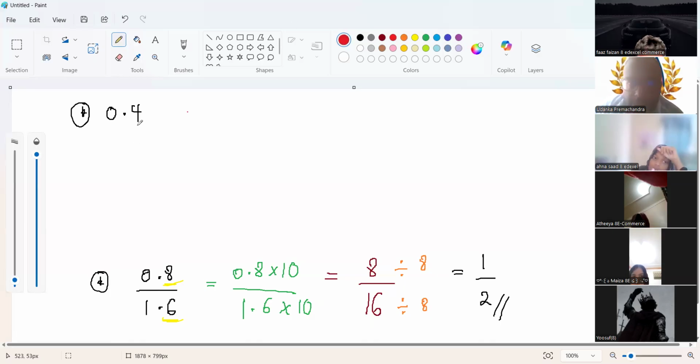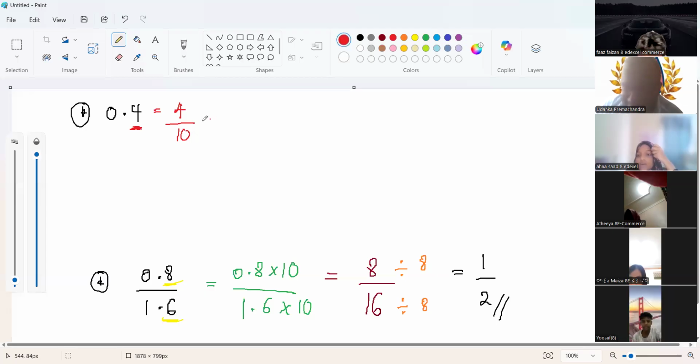If I write it in fractional form, how to write? 0.4 has only one decimal place, so you can write it as 4 over 10. Why am I writing over 10? Because there is one decimal place, and the zero represents that. If there is only one decimal place, it should be divided by 10.